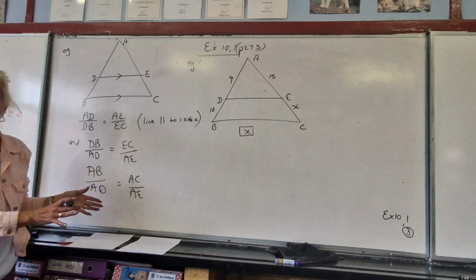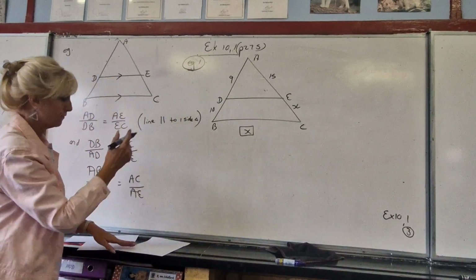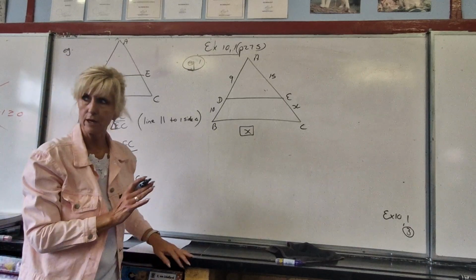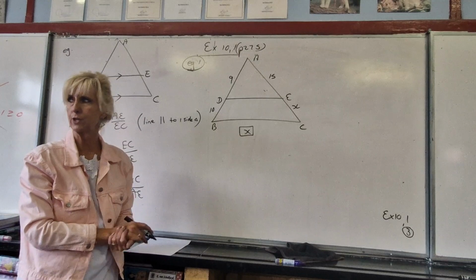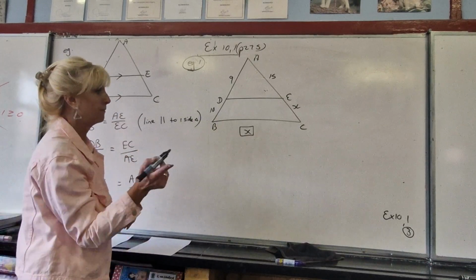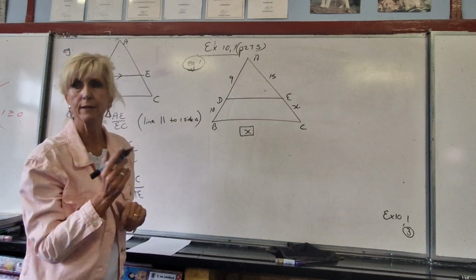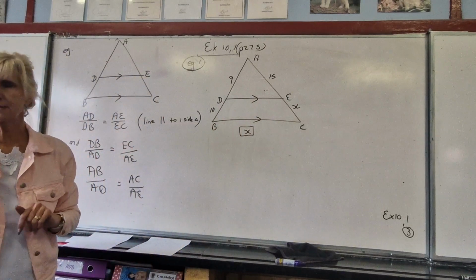It's easy. Let's have a look at an example. If I ask you to find x here, guys, this was grade 9 work. We needed ratios and proportions. How do I find x? Very important, you wouldn't be able to find it if I didn't tell you that the lines were parallel, because that's the essence of it.